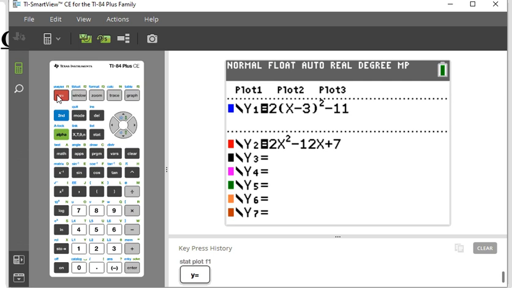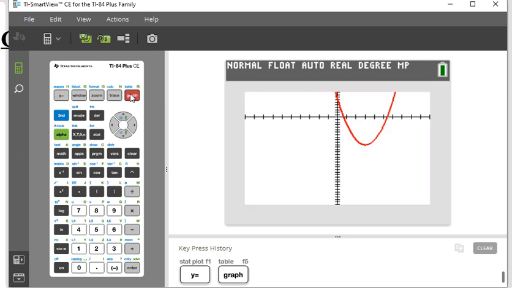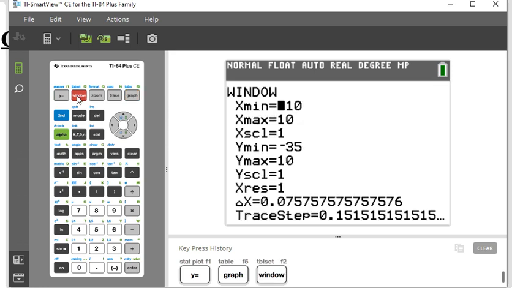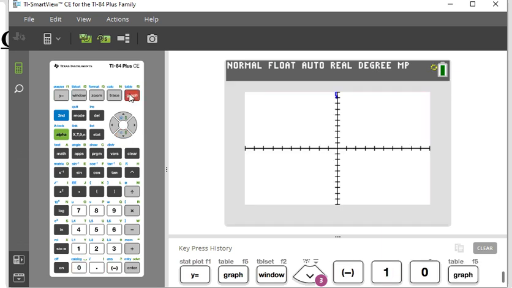So on your calculator, you don't have the colors. You're going to put in two quadratic functions in your y equals, and you're only going to see one graph, which means you've done it correctly. So just going to change my window settings a bit here. We don't need negative 35. We need negative 10 to be consistent. Graph, and there we see it again. In this case, we don't see the bottom, but we do see it's the same graph.